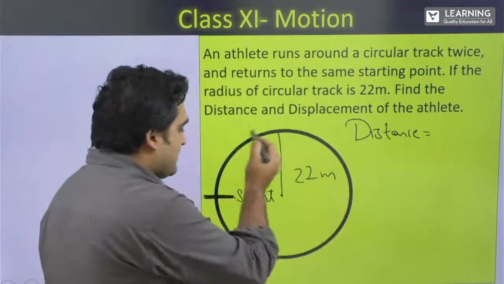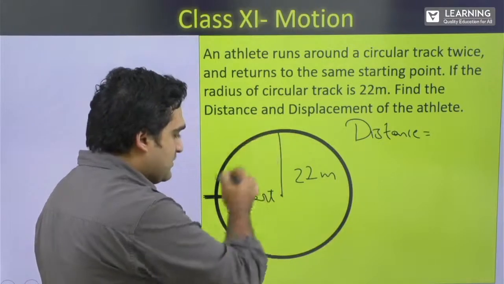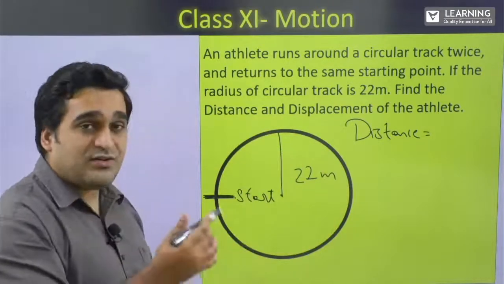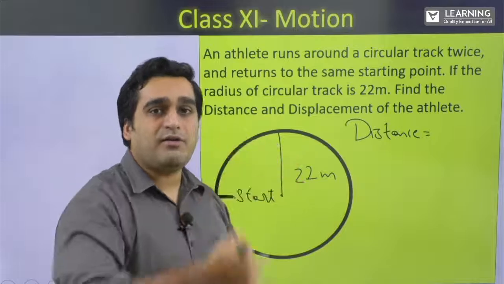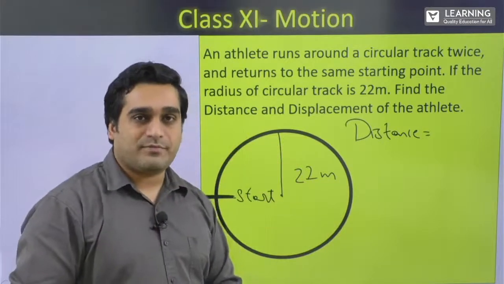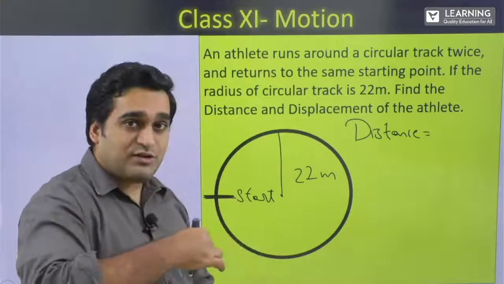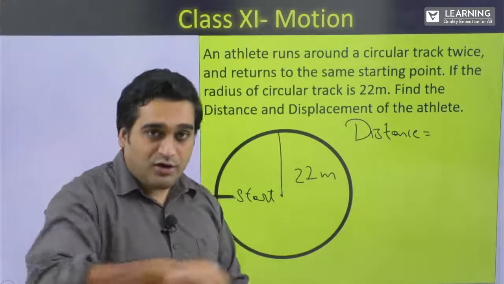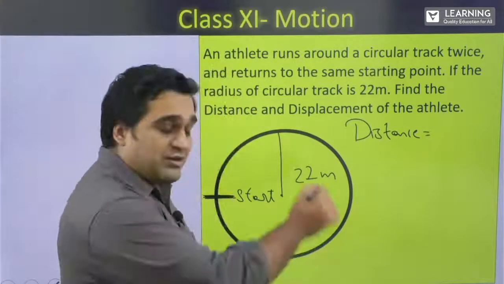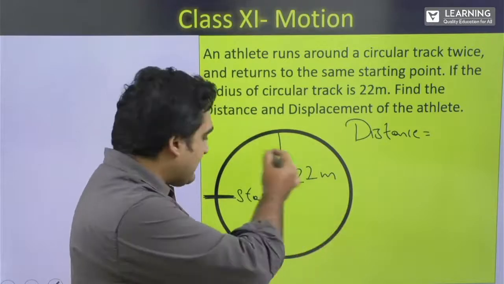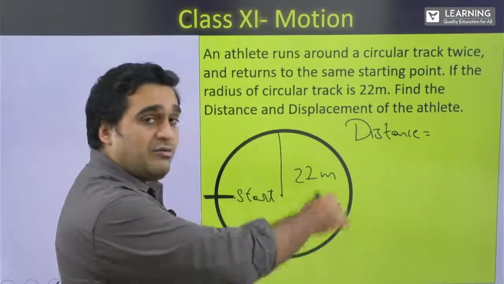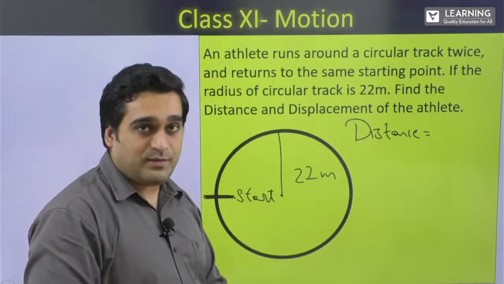Since this person is going around the circular track twice, he's running only along the boundary of the circle. Even in a cricket stadium, you go around the boundary, which means you're covering the outer edge of that field. Here it is the same: an athlete is only covering the boundary of this circle.